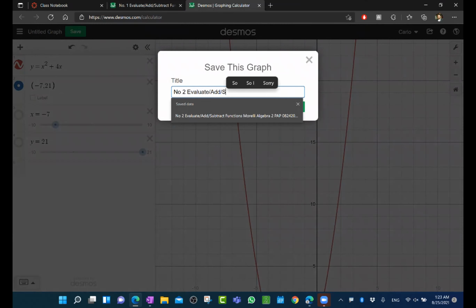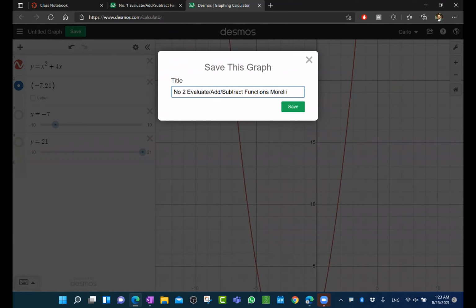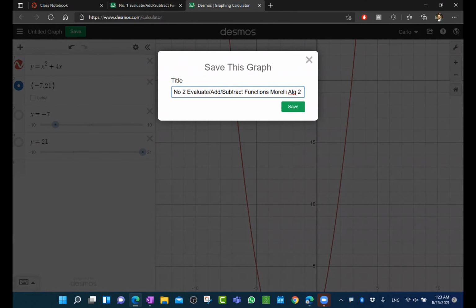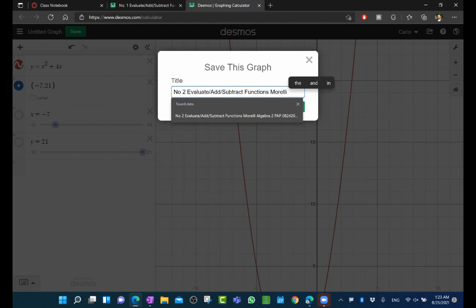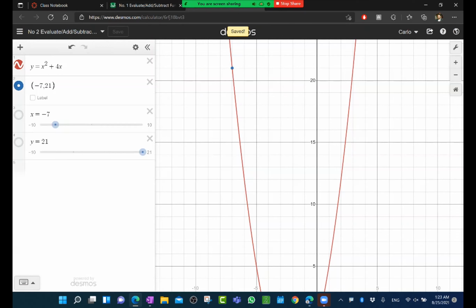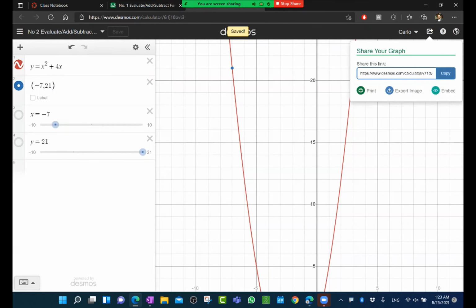add, subtract functions, Morelli algebra. Wait, I think I just wrote Morelli algebra. I think how do I do it? Morelli PAP algebra 2, like that. Save, share, copy.